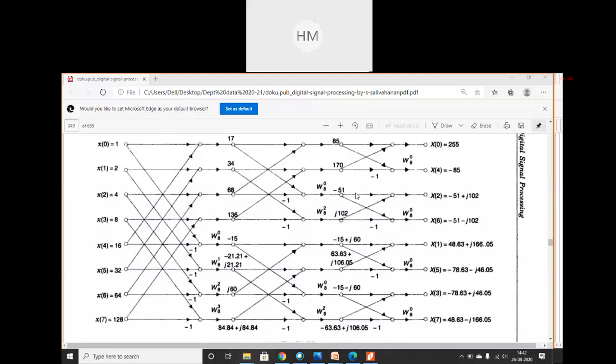X0 is 255. So I will show you the diagram also. You can see your values. You can check your values. Avantika, X2 is, H of 0 is 170.